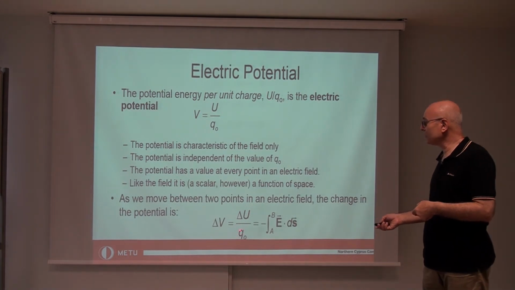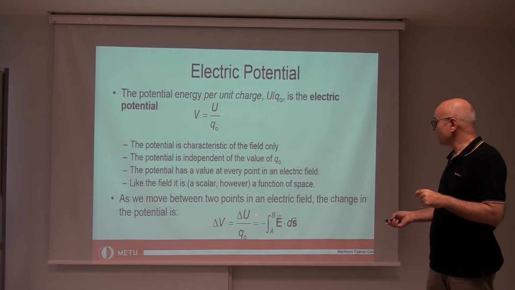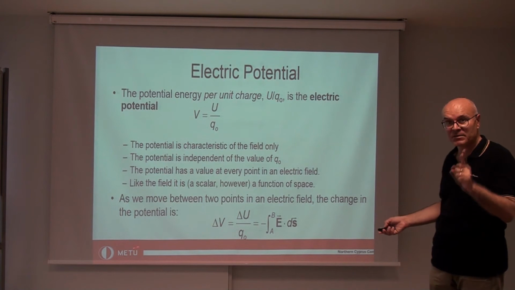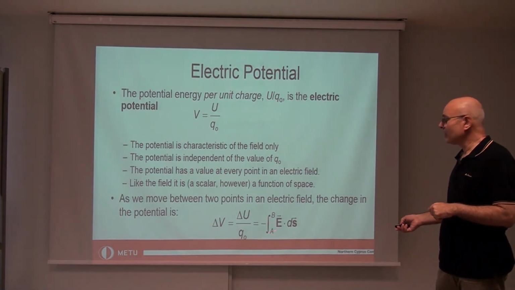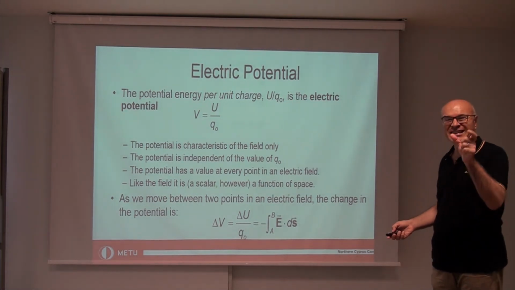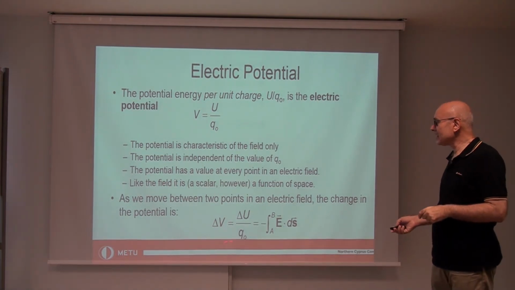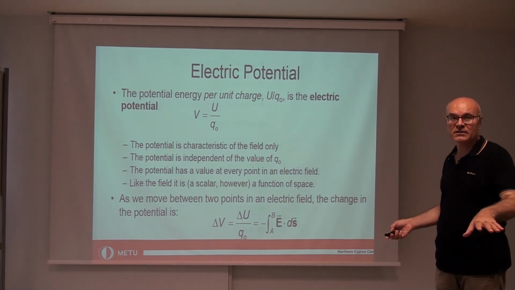That is, the potential difference between any 2 points in space is minus the integral from a to b of E dot ds. This minus sign comes from the definition, and this is the most general expression for the electric potential difference between 2 points in space. And as you can see, it depends only on the field, because Q naught is cancelled out.